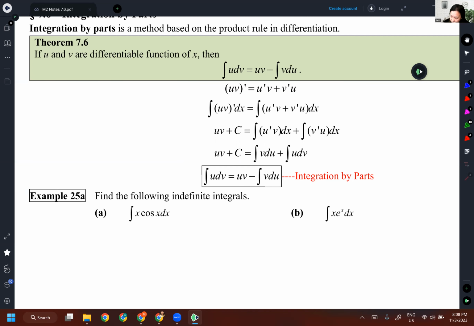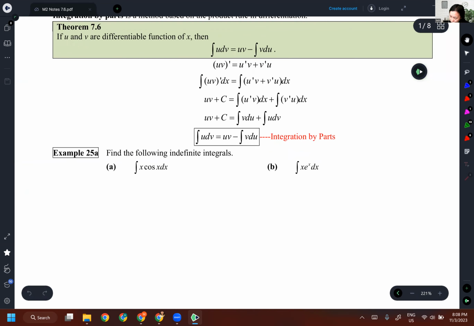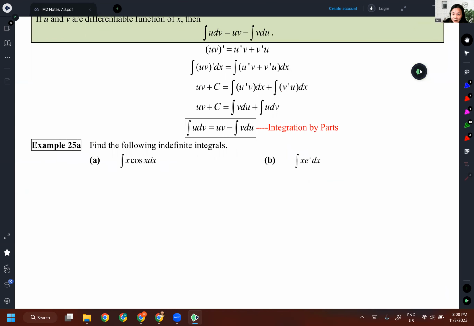Usually when you see two kinds of functions put together in an integral, that is when you think, maybe I need to use integration by parts. From the name, you can guess, I need to integrate part of it and then the other part.